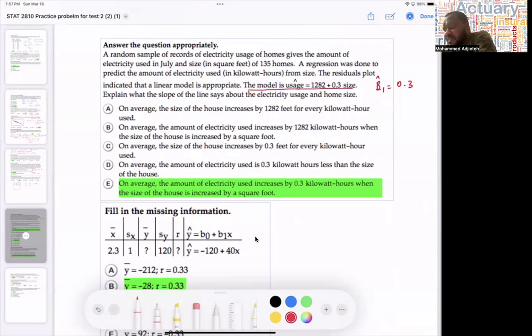So that is what it means. So what it means in this problem is that you should be able to learn how to interpret the slope, and also not the slope alone, but also beta naught too. So you should be able to learn how to interpret those. You could also refer to your notes because we did a couple of examples in class.